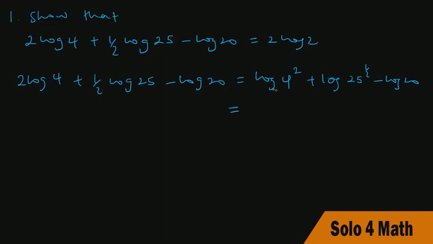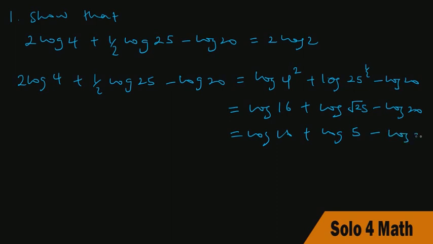So we simplify this, and when you work out this, it will give you log 16 plus log, when we have a number to power half, that is like the square root of that number, which we shall see is 5. Let's first simplify that. Log 16 plus log 5 minus log 20.